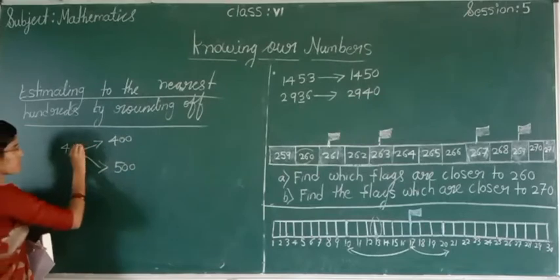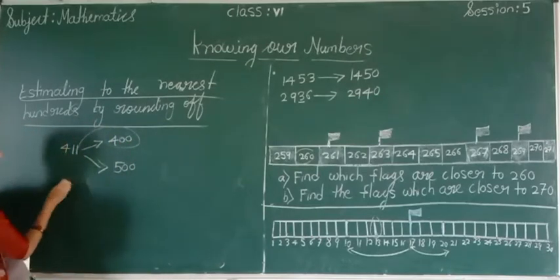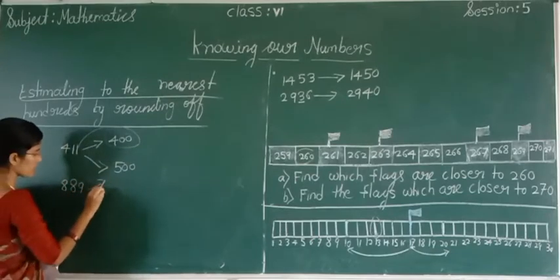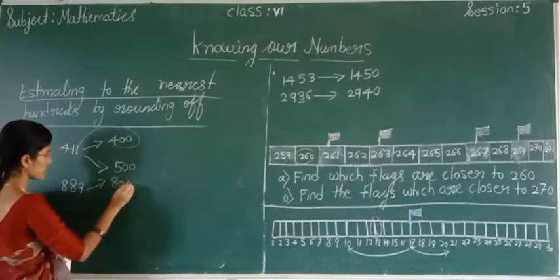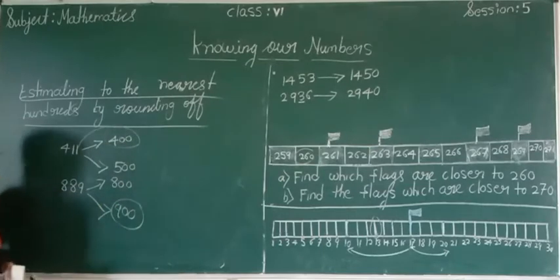Definitely your answer will be 411 is nearer to 400. Now 889 is nearer to 800 or 900? It is nearer to 900.